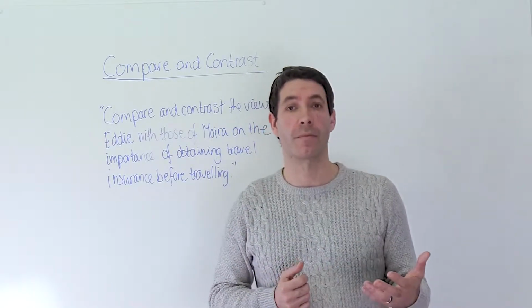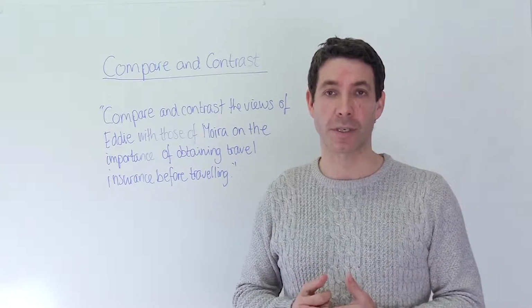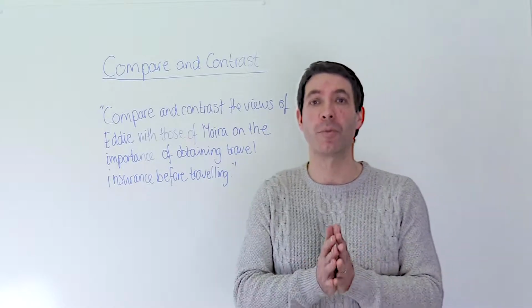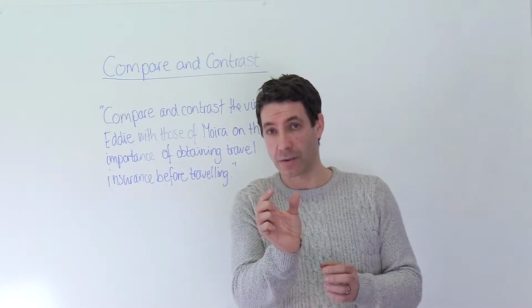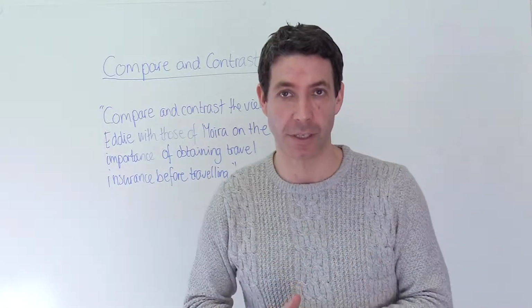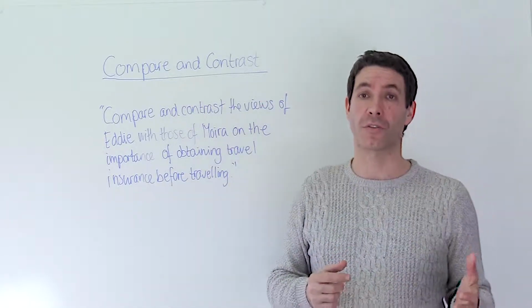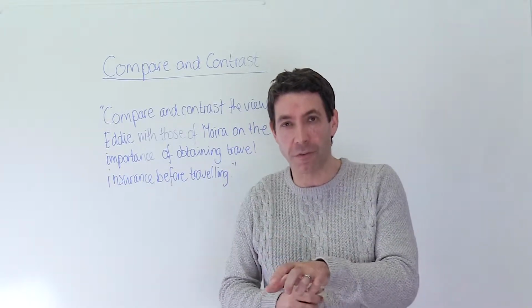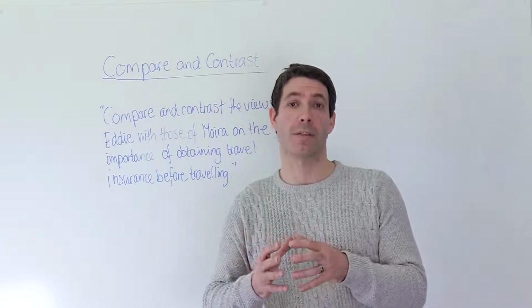So if we're online on a TV schedule, we wanted to find out what time a particular TV program, like Dancing on Ice, for instance, started, we would use the technique of scanning, looking for the start time. Or if we were on a supermarket home delivery website and we wanted to find out what it cost to have some food delivered, we'd use the technique for scanning because we're just looking for the keywords.